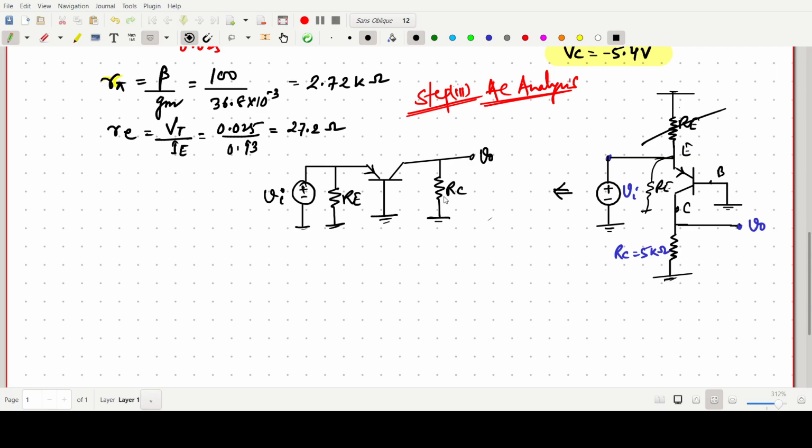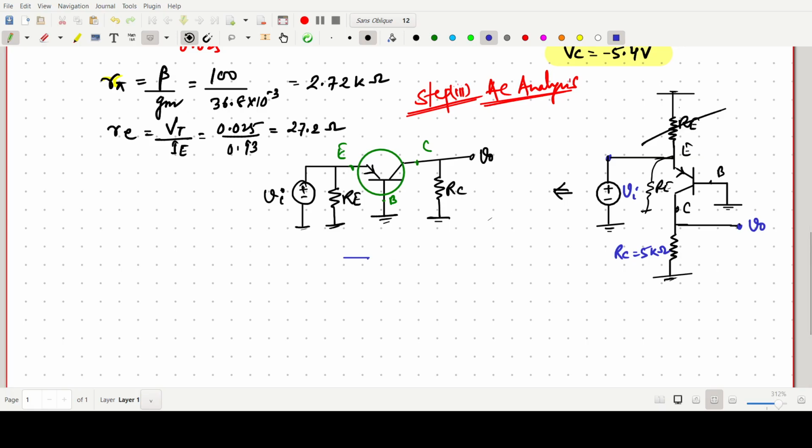So now, instead of this transistor, there are emitter, base, and collector. We can again redraw the RE model, or hybrid model, for this circuit.